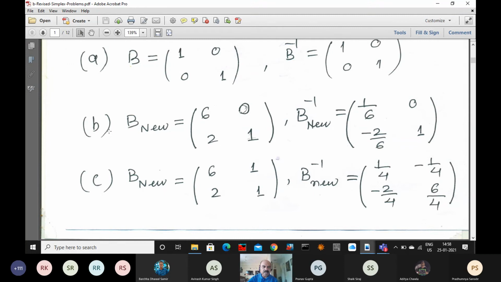Then if you compare B and BC, what is the difference? Which column is different? Second column. So whatever inverse we have, that will be used and you find the new inverse.